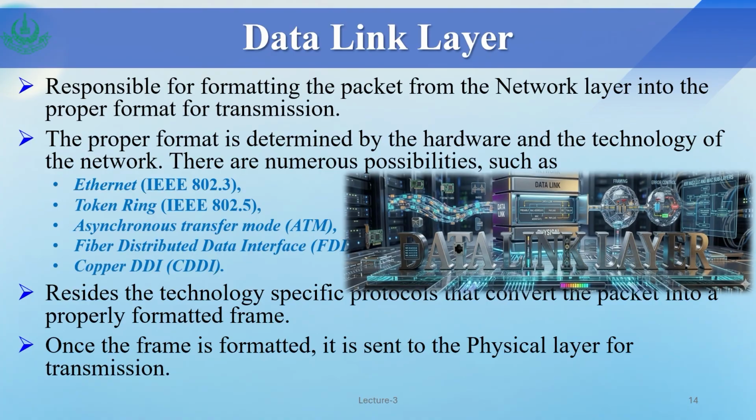Next is the data link layer, responsible for formatting the packet from the network layer into the proper format for transmission. The proper format is determined by the hardware and the technology of the network. There are numerous possibilities, such as Ethernet, token ring, asynchronous transfer mode (ATM), fiber distributed data interface (FDDI), and copper data interface.